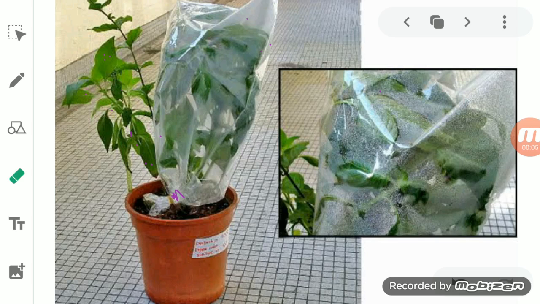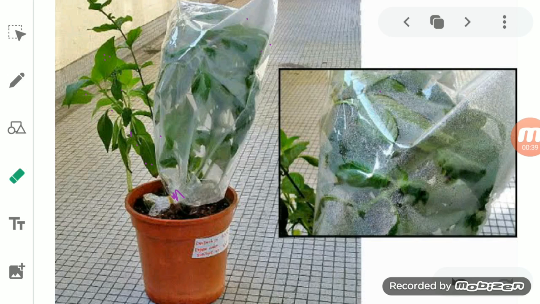You have seen dew formation: in the early morning, when you see the leaves, the surface of the leaf has water droplets. So what happened at night is that the water vapor which was evaporating from the pores, or from the stomata present on the surface of the leaf, does not get evaporated due to the lower temperature.